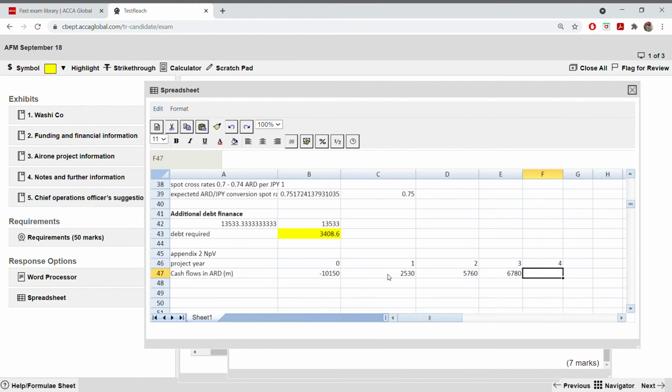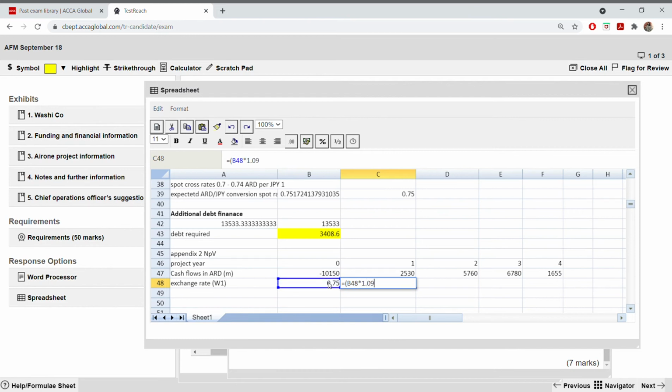And we have 1655. Next we have the future exchange rates. All these are in ARD. You need to convert into Japanese yen using what exchange rate? Future exchange rate. Working one was done for that, so working one exchange rates: 0.75. Next, simply take this, multiply it by 1.09.